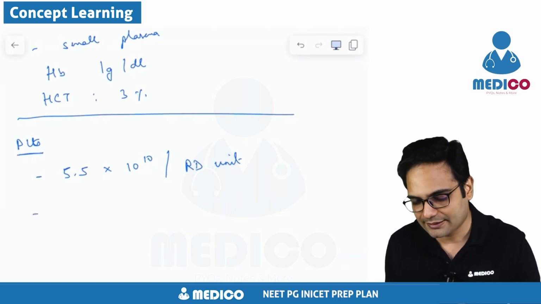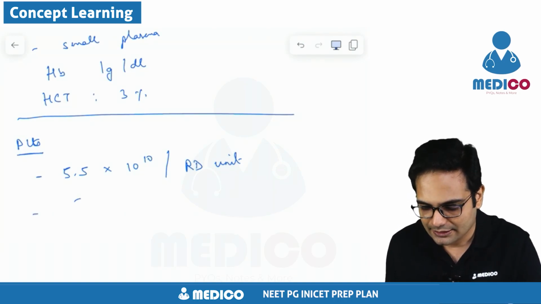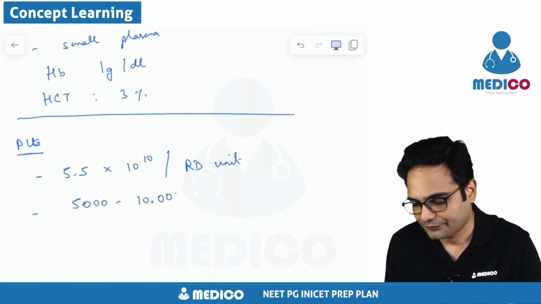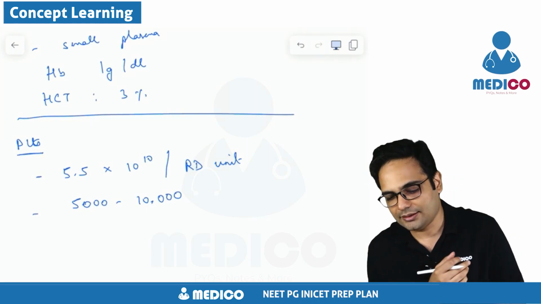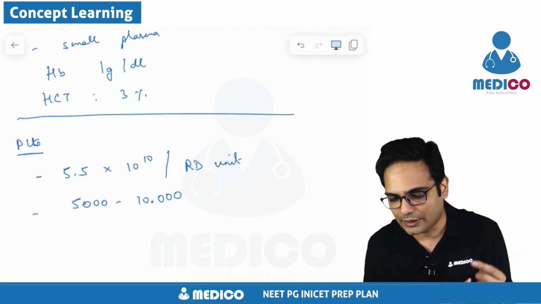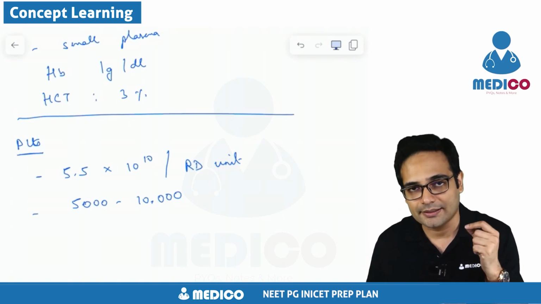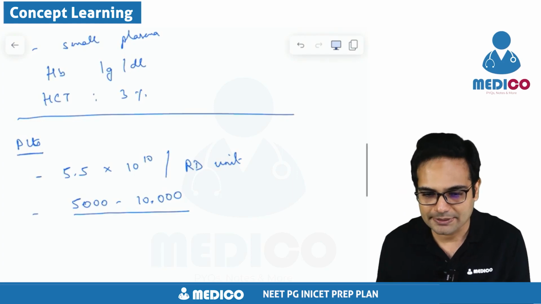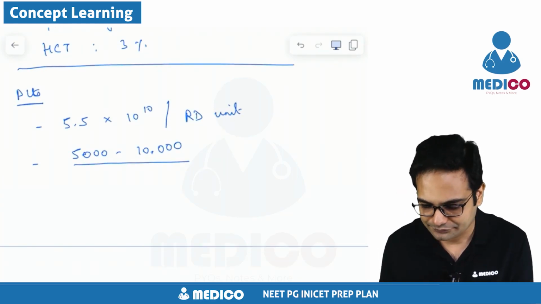One platelet transfusion will increase the platelets by 5 to 10,000. The normal platelet count is 1.5 to 4.5 lakhs. If you give 1 unit of platelets by a random donor, it is going to give you an increase of 5,000 to 10,000 platelets.